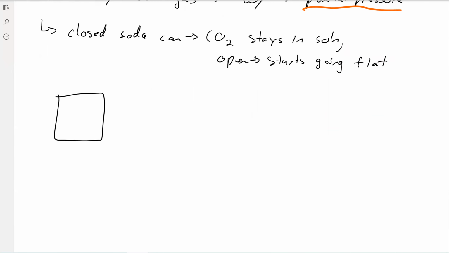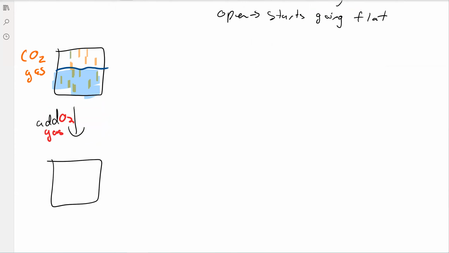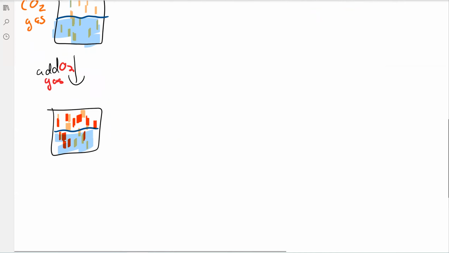But even in a closed container, if you have some water and some CO2, it's in equilibrium. If you were to take this equilibrium and add, let's say, O2 gas, oxygen gas, the solubility of the CO2 gas does not increase.